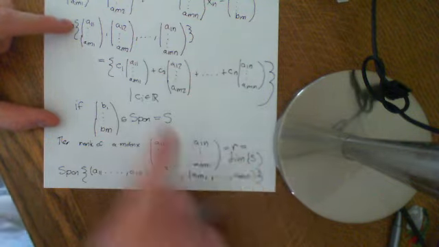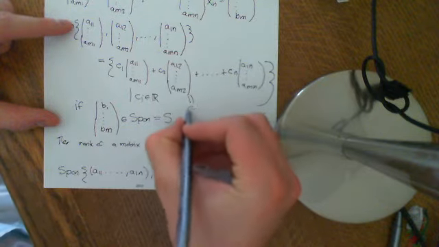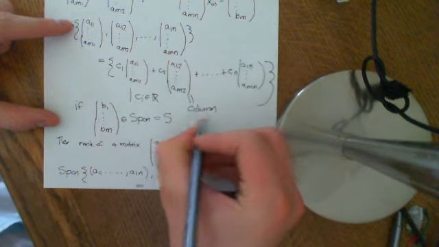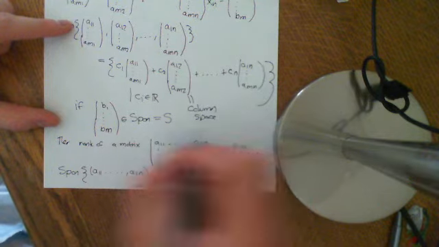This space generated by the column vectors has a special name. It's called the column space. And the space generated by the row vectors is called the row space.